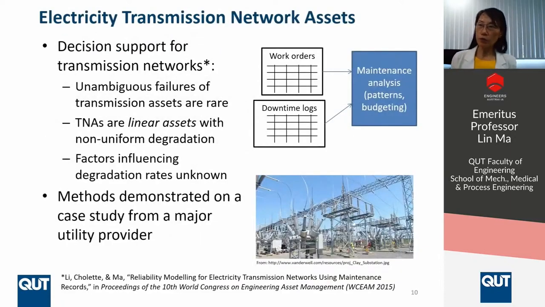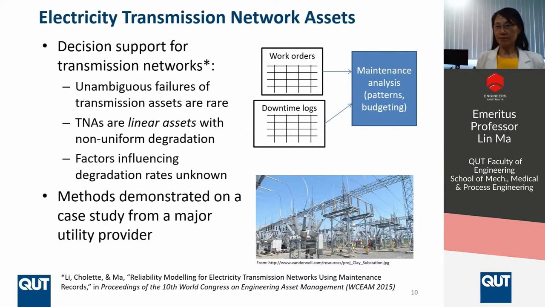Another example I want to give you is the electricity transmission network. We define this type of asset as a linear asset. It's not an individual asset. Linear assets have different characteristics. We have done different linear assets like water networks, water supply pipe networks, and railway track networks.